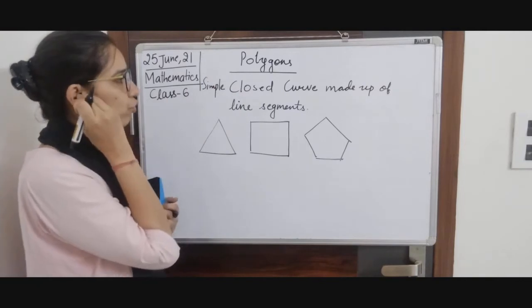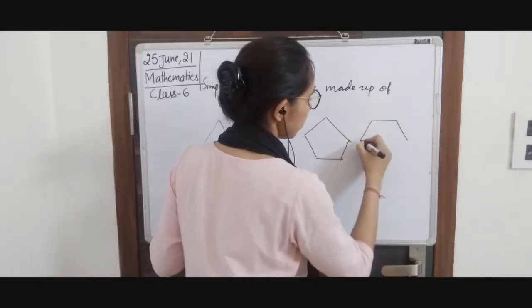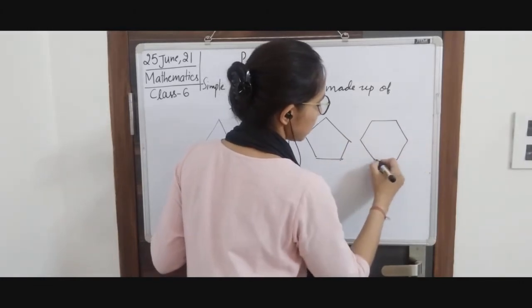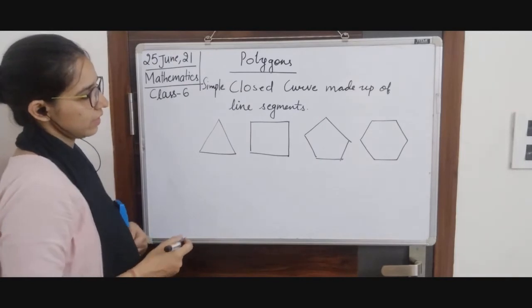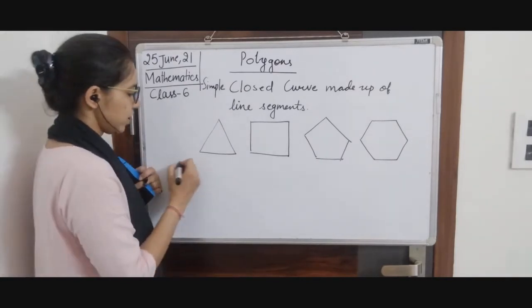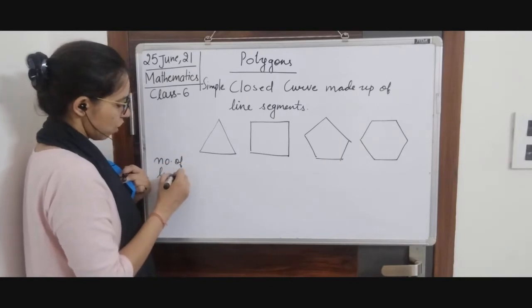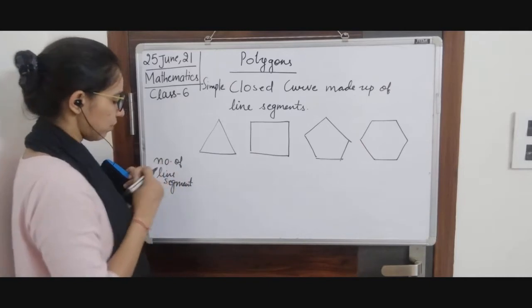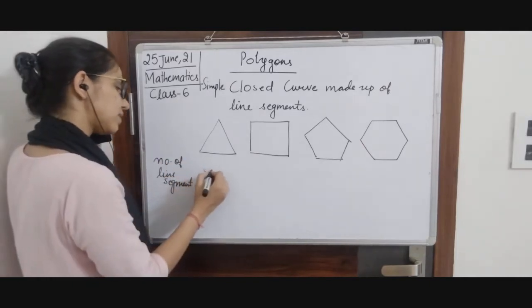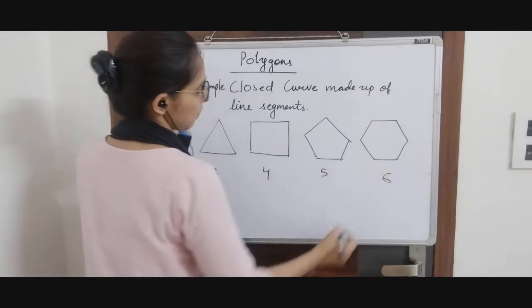With 6 line segments, it is going to look like this. Similarly 7 and 8. The number of line segments will be the number of sides. And it has 3, 4, 5, 6.